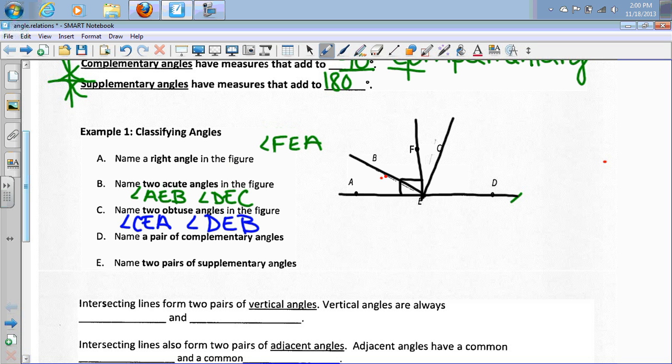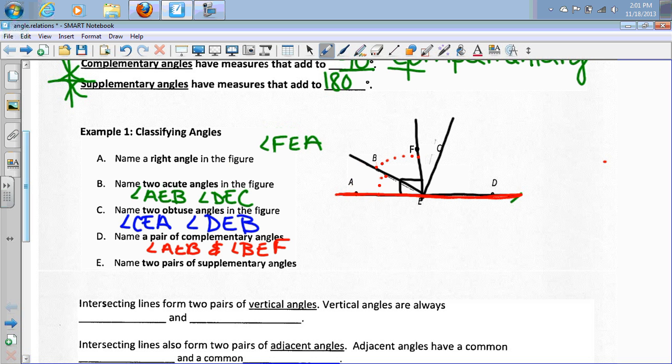So this angle and this angle together form a right angle, correct? So that means angle AEB and angle BEF are complementary angles.